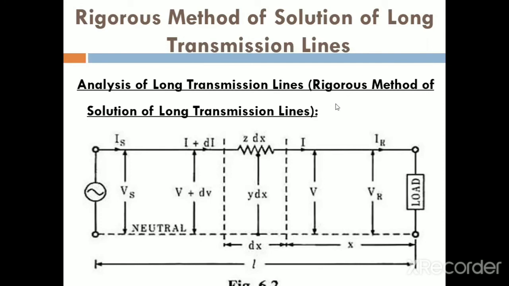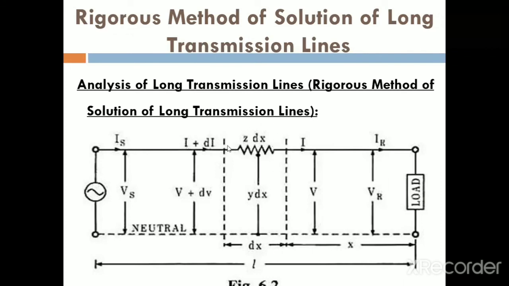First of all, what is meant by the rigorous method? The rigorous method means the uniform distributed parameters are calculated by considering a small length dx in the case of a long transmission line. The length of this transmission line is L, and from the total length we take only a small length dx.